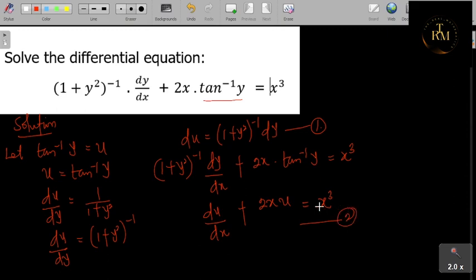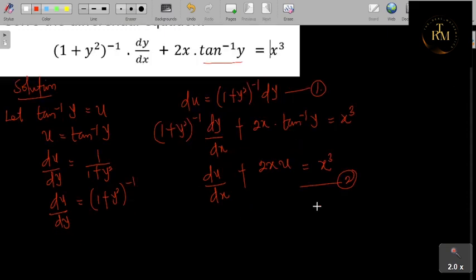When you observe equation 2 very closely, you see that it represents a linear equation out of the differential equations we know. A linear equation is one such that the derivative function has a power of 1, and also the dependent variable, which in this case is u, is also to the power of 1.